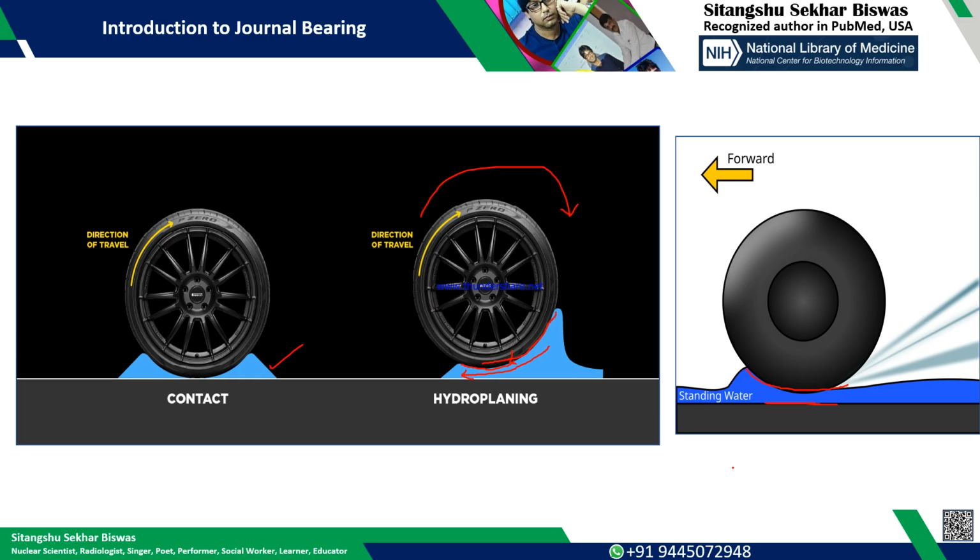Bernoulli's equation says that for any flow, along any streamline, the total pressure, which is basically the summation of static head, dynamic head, and elevation head, is always constant.